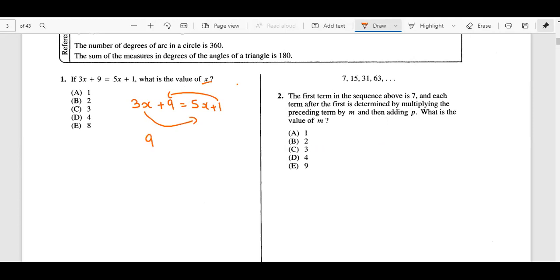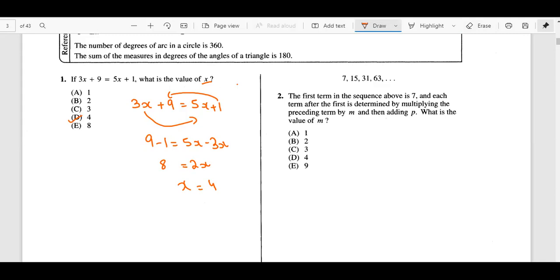So I have 9 minus 1 equals 5x minus 3x. So I have 8 equals 2x. So D is the answer, right?